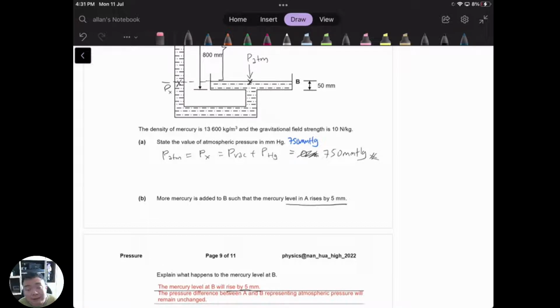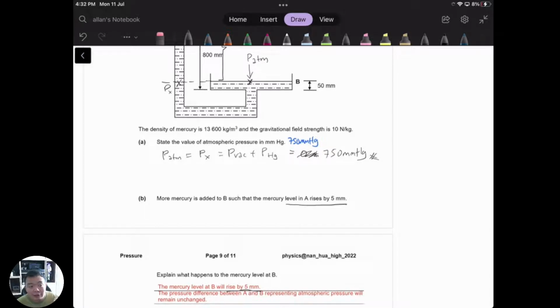The premise here is because the difference in level of mercury, which is what we got just now as 750 mmHg, tells us about atmospheric pressure. Since atmospheric pressure didn't change, I mean, you leave the barometer there, the earth didn't stop spinning or whatsoever, the difference in height in the mercury must still represent atmospheric pressure, which is 750 mmHg.